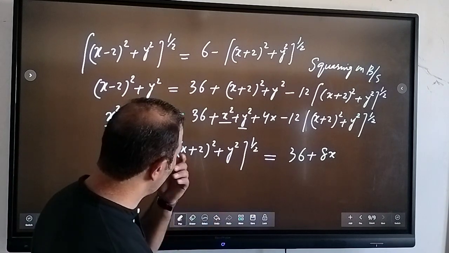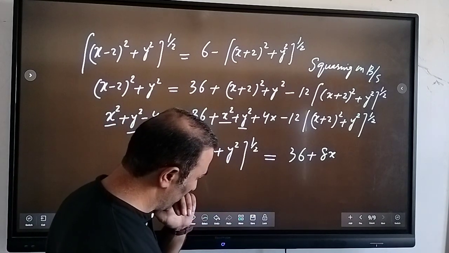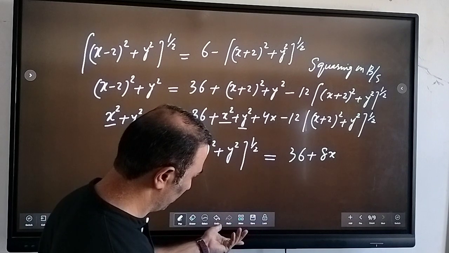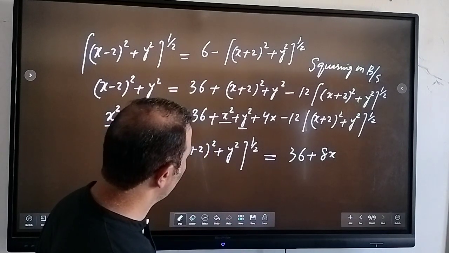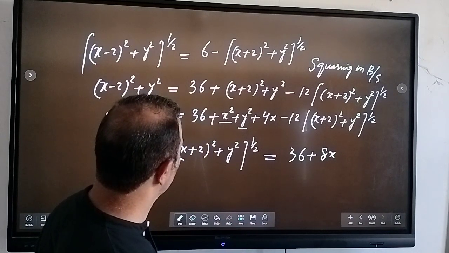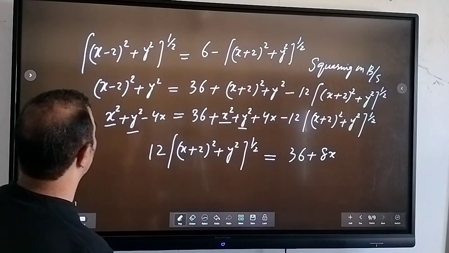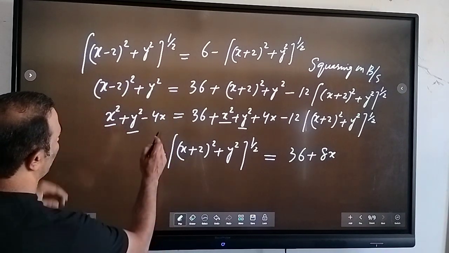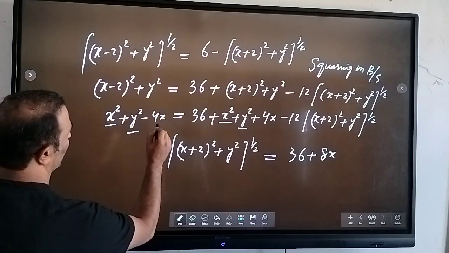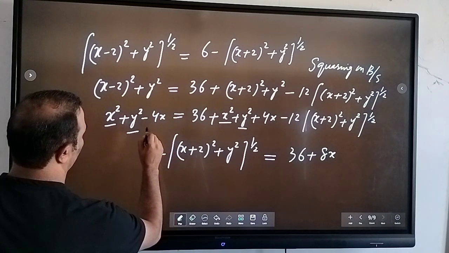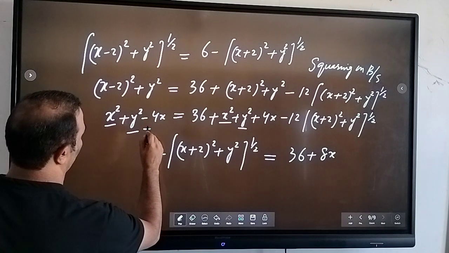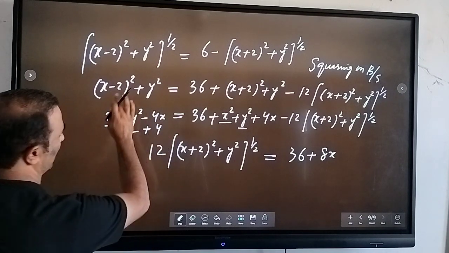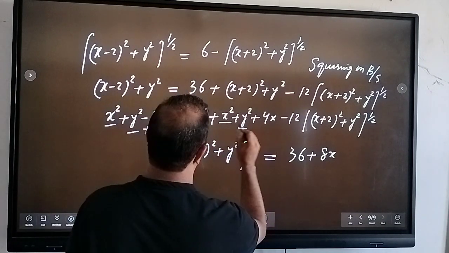Now, there's one more term. I basically forgot here, there will be one more term, that will be plus 4 here. Similarly we have one more term here.